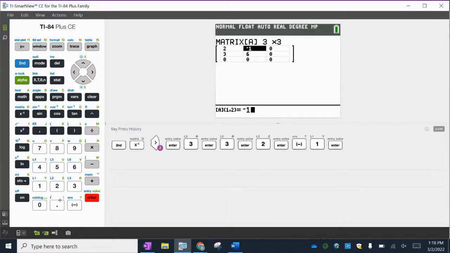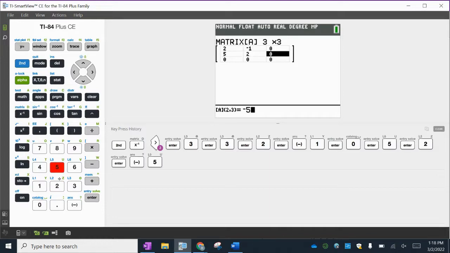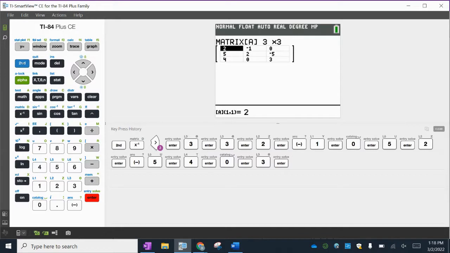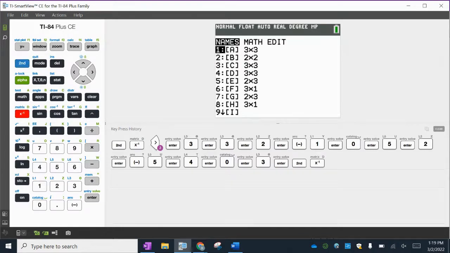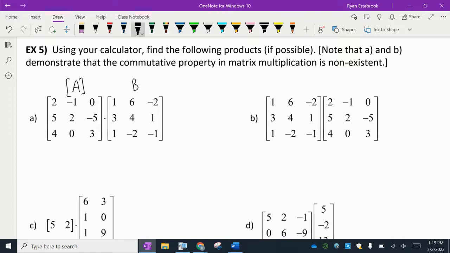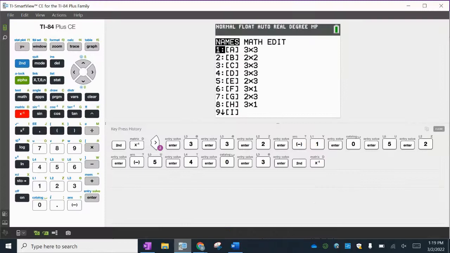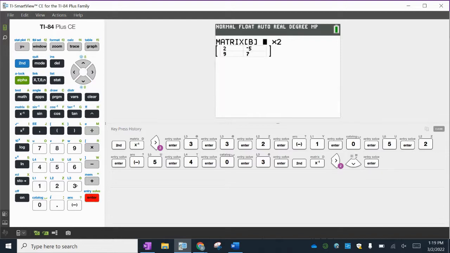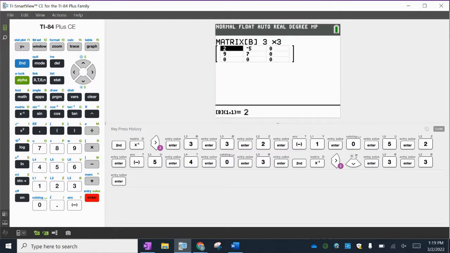So 2, negative 1, 0, 5, 2, negative 5. And then bottom row 4, 0, 3. Once you have that matrix entered in, then you're going to enter in this second one as matrix B. For that second matrix, you're going to edit. That's when you actually insert the data. Scroll down to B, change it into a 3 by 3 matrix.